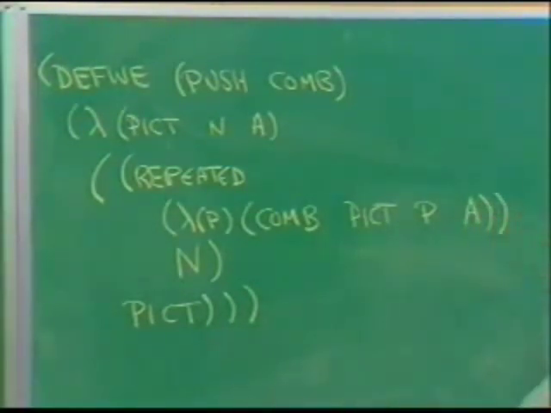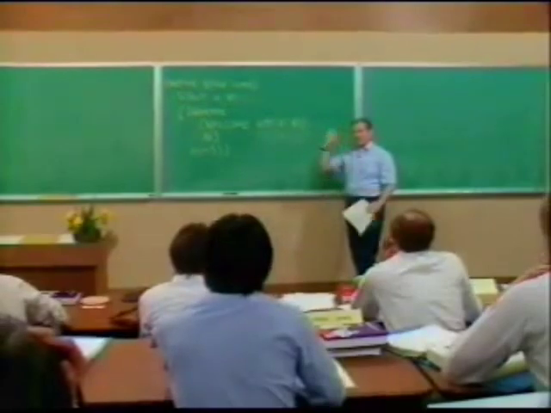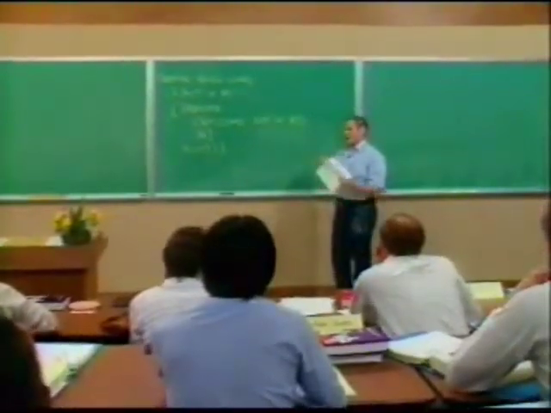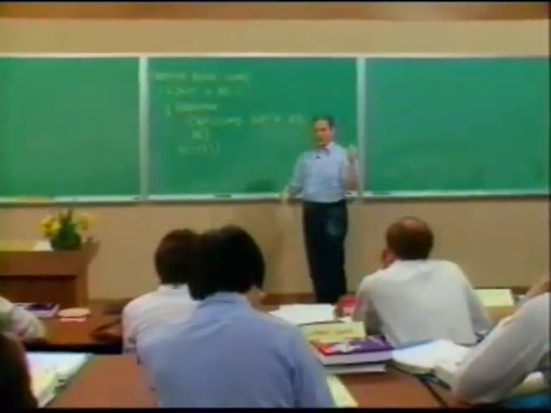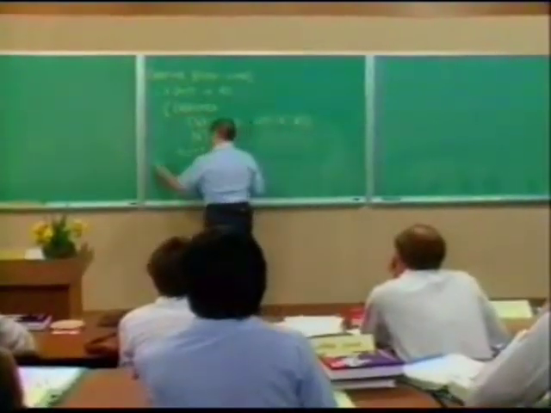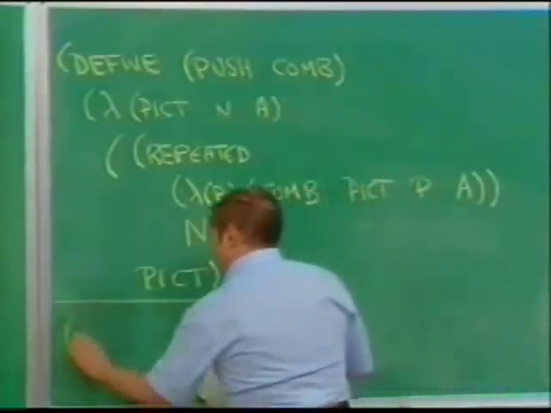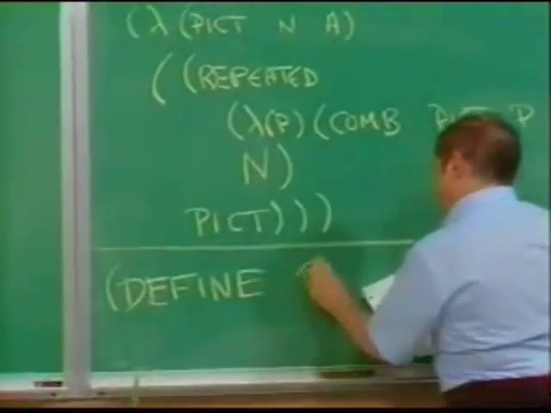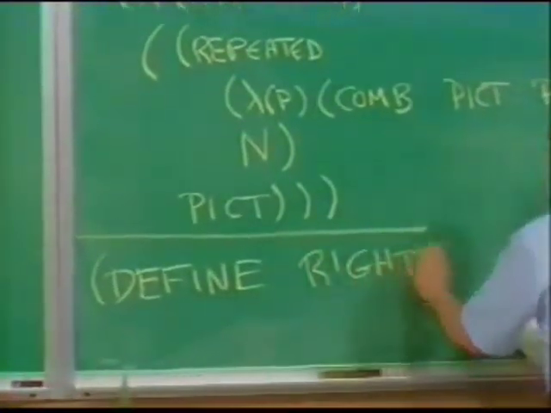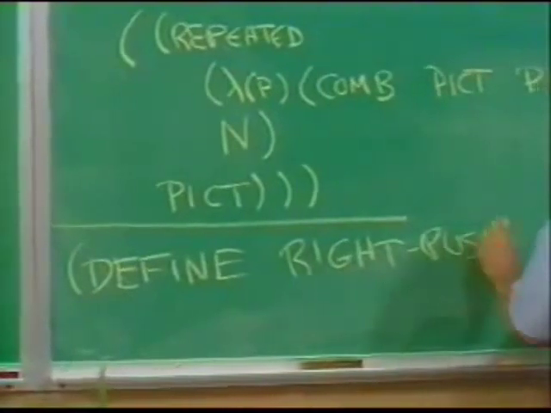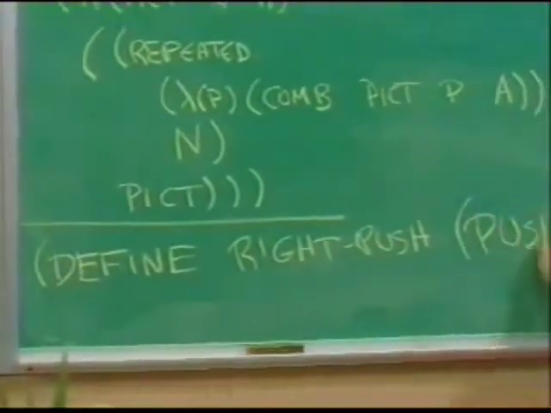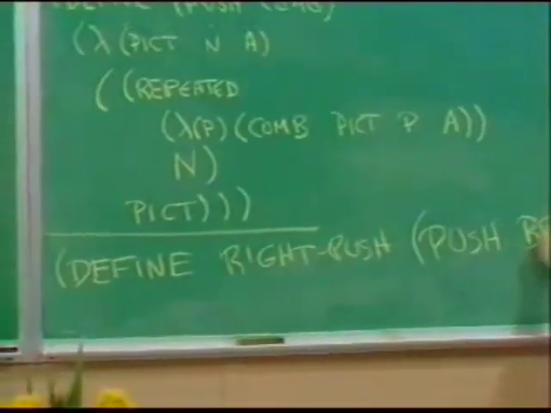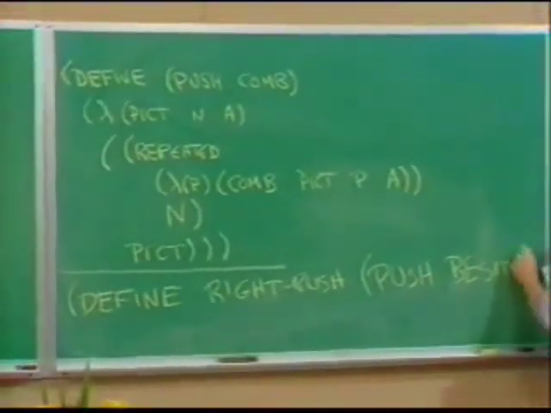And having done that, that captures the way I got from the idea of beside to the idea of right push. So having done that, I could say, define right push to be push of beside.